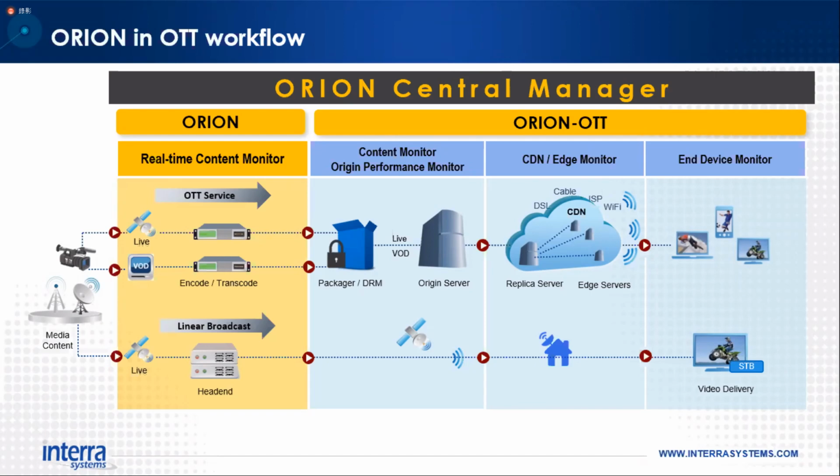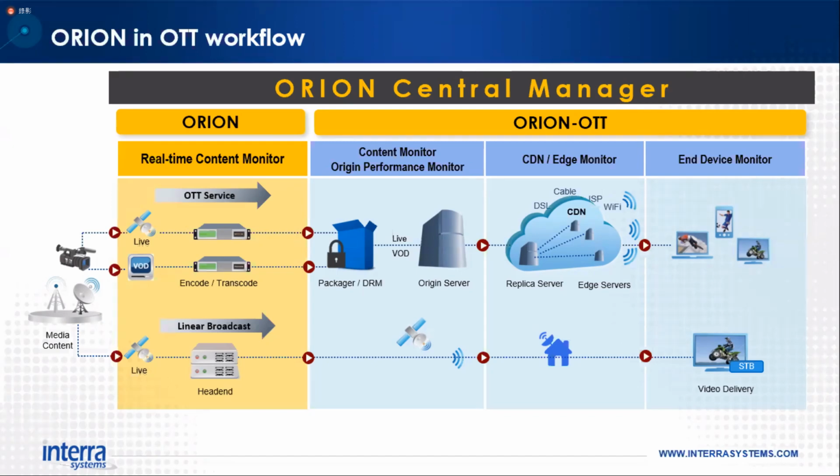Actually, it shows you in one particular view where exactly the error gets introduced in your workflow. If the error is occurring in the post-transcode stage, it is highly possible that it may propagate to later stages, either on the CDNs or end device monitors. So if you see the happiness score going down at the end device monitor, on that node we have a view in OCM where you can see the different errors which might cause that low happiness score.